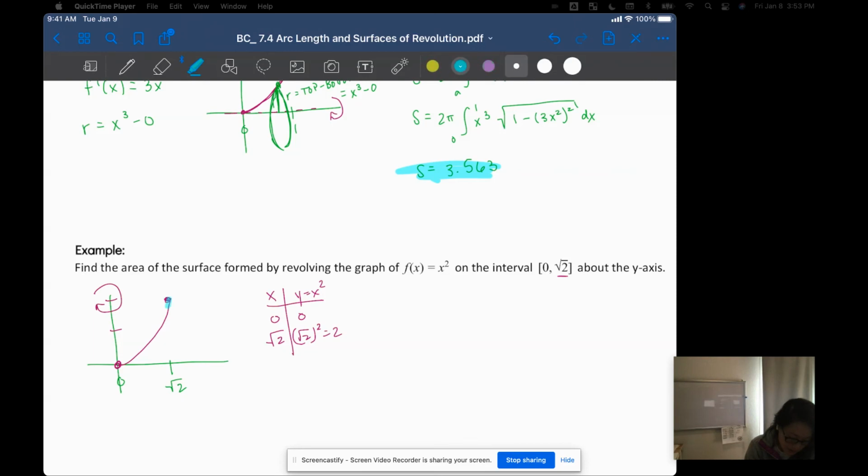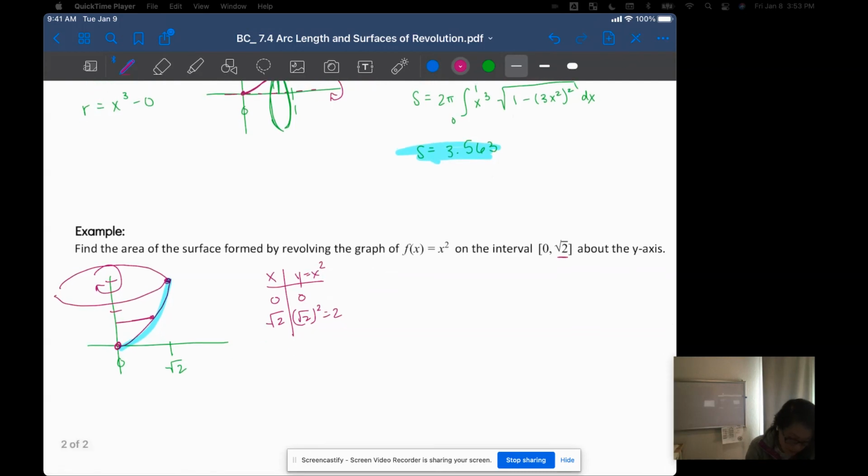So I'm going to take this curve and I need to rotate it around the y-axis. So that means that the radius is the right curve minus the left curve. So r is equal to, and the problem here is that we're written in terms of x, so I need to write my curve in terms of y. So x is equal to the square root of y.